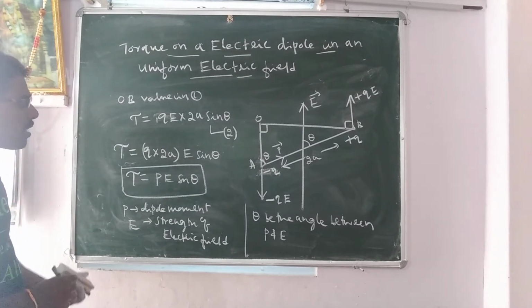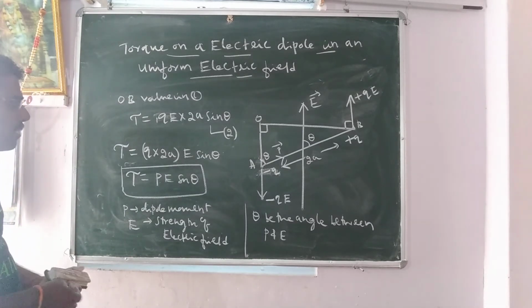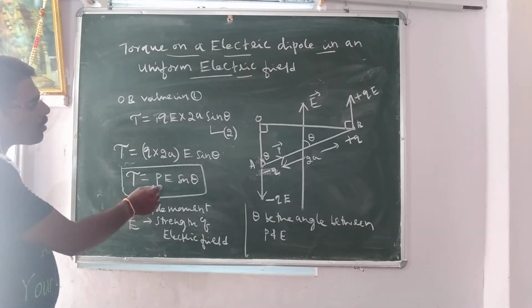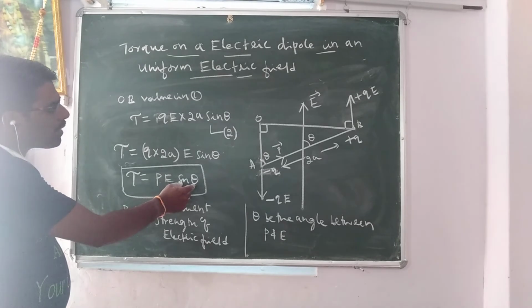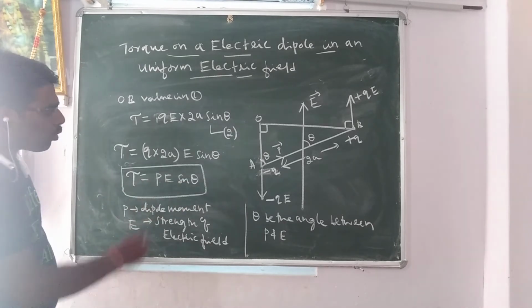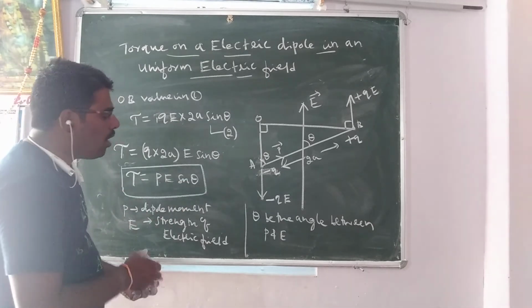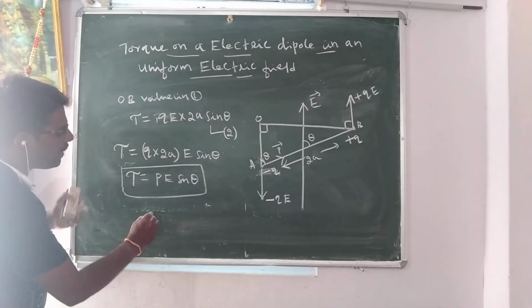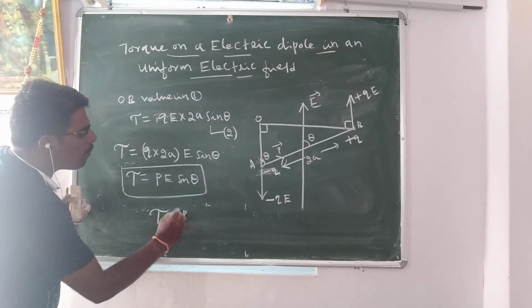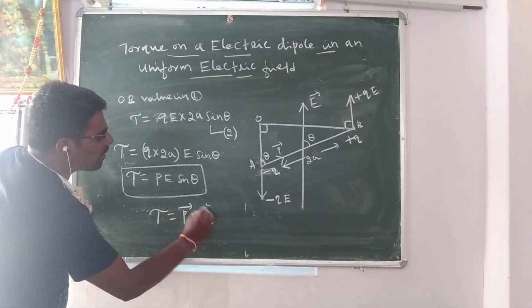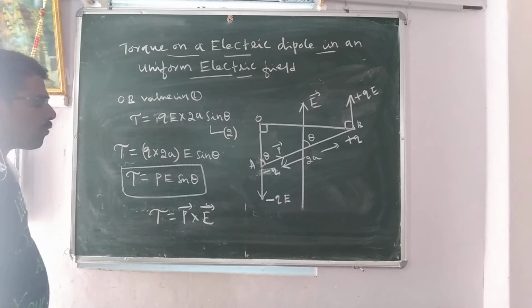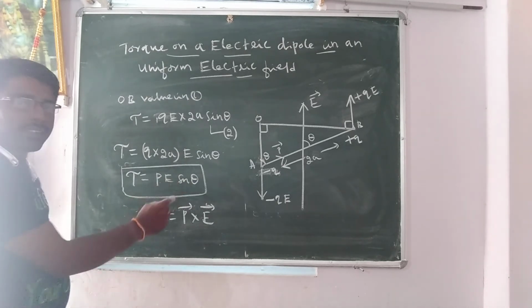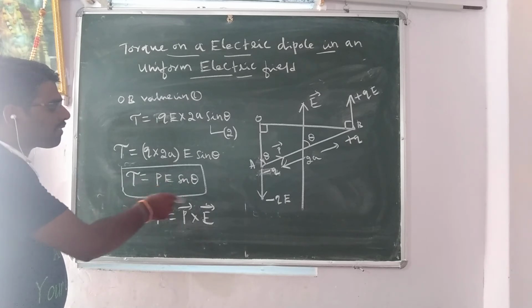It is also expressed in terms of the vector product. It is the product of magnitudes and the sine of the angle between the vectors. Torque can also be written in vector form: tau equals P cross E. This is the vector form, the cross product of two vectors, defined as the product of their magnitudes and the sine of the angle between the vectors.